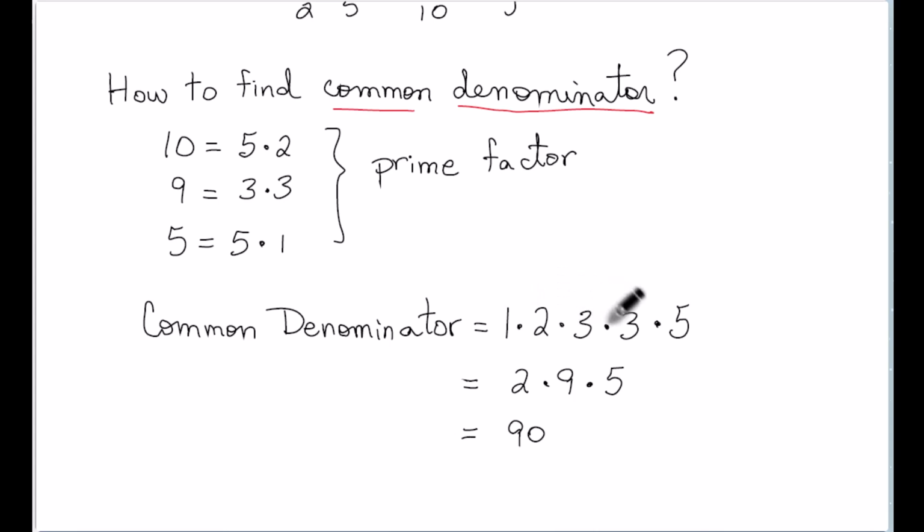I go to my next prime number, which is 5. Well, there's only one 5 appearing in here. And so the common denominator is 1 times 2, 3 times 3, times 5. So 2 times 9 times 5. And so the common denominator would be 90.